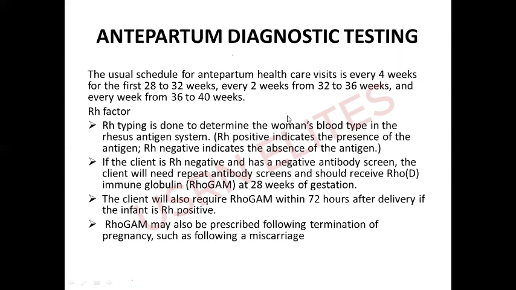You can do it through amniocentesis, but because of the risk factors that come with it, the healthcare provider will not do it. So they would have to wait until the baby is born. And when the baby is born, another test would have to be done, which is a direct Coombs test. And so this direct Coombs test is done directly on the baby to determine the baby's status.